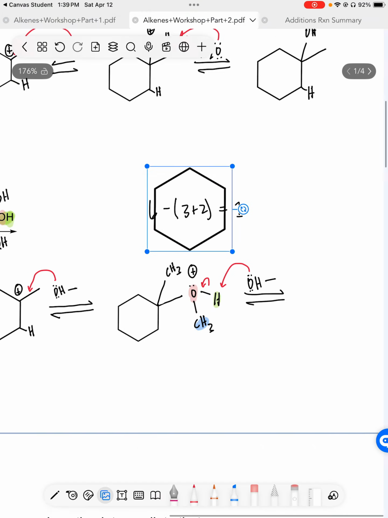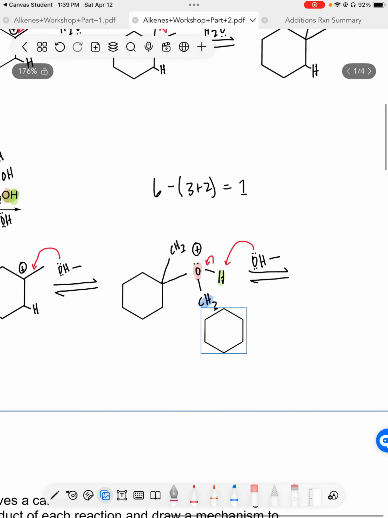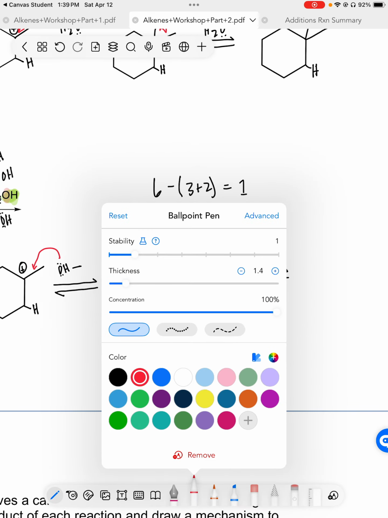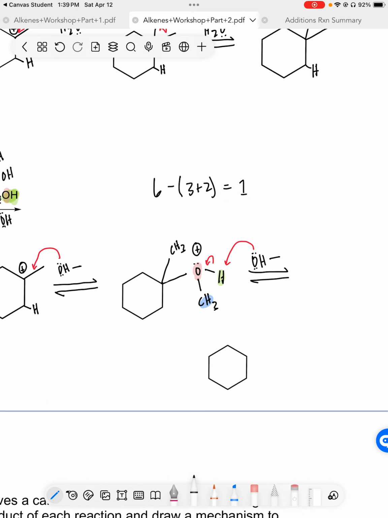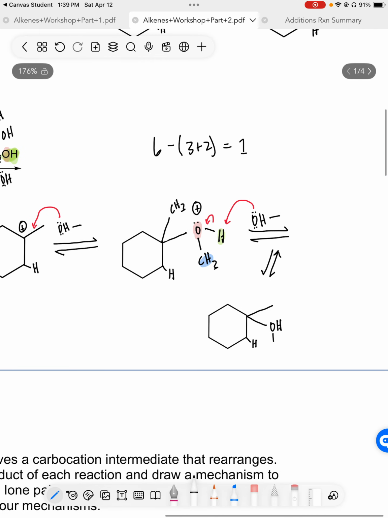And we get this guy. That's kind of confusing, sorry. So here's our methyl group. Here's our OH group. And remember we had the hydrogen that we added down here, with our methyl.